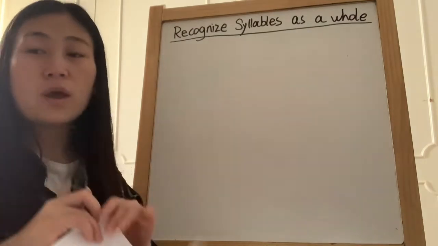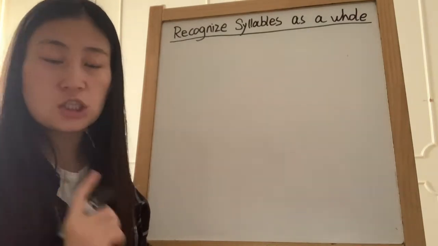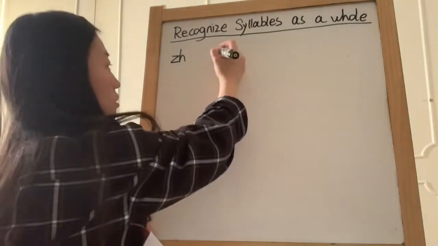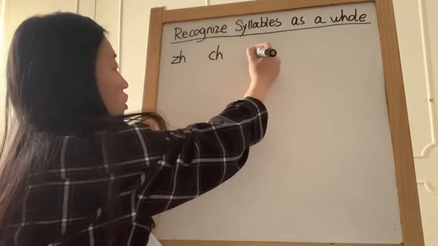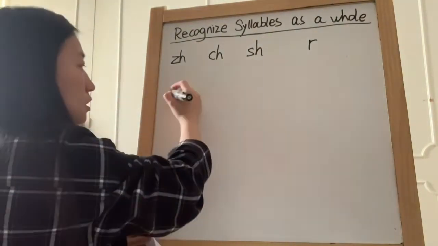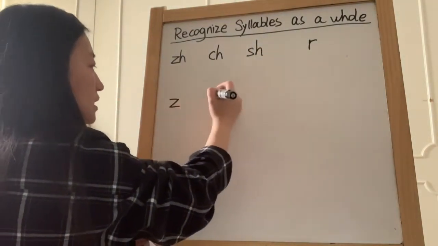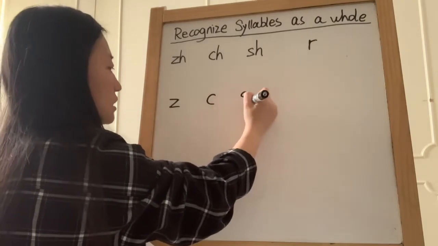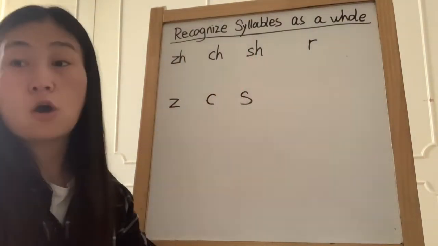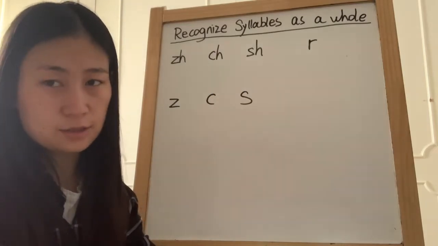Okay. We have learned in the consonants zhi, chi, shi, ri, and zi, ci, si. Right? These are the only consonants, right?